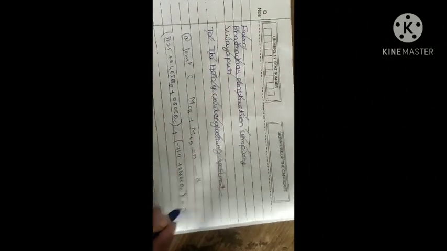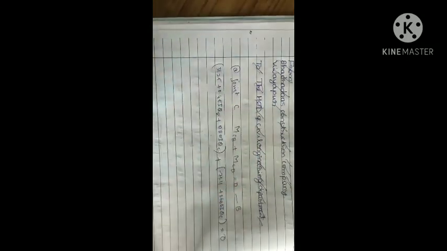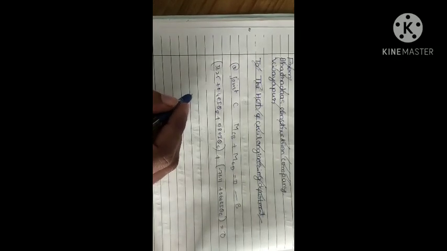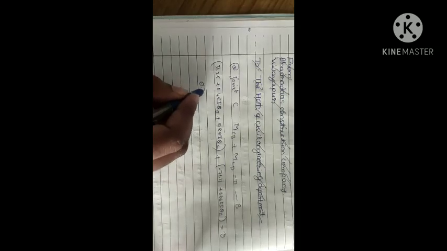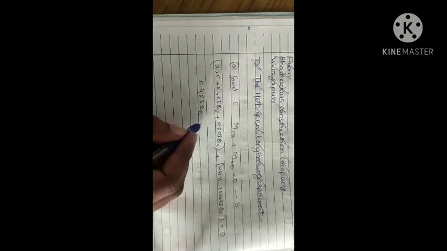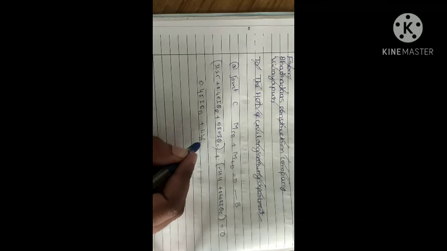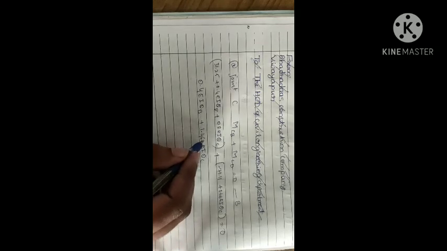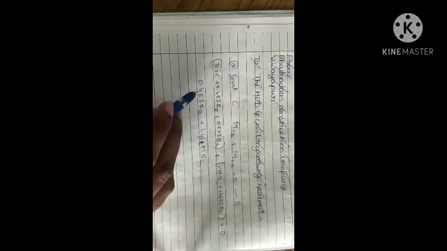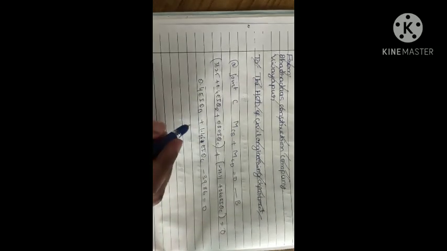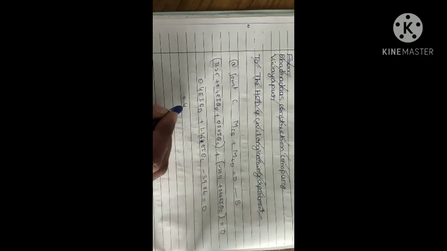Simplifying this, we have 0.4 EI theta B as it is, and adding 0.8 and 0.6 gives 1.4 EI theta C. So 0.4 EI theta B plus 1.4 EI theta C, with 31.25 minus 71 giving minus 39.86, is equal to 0.